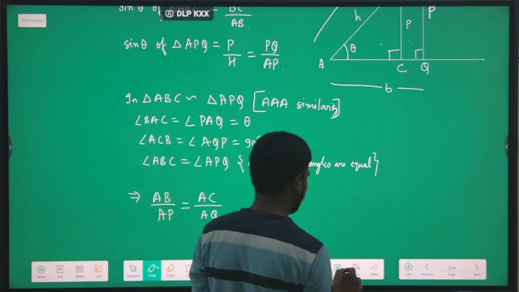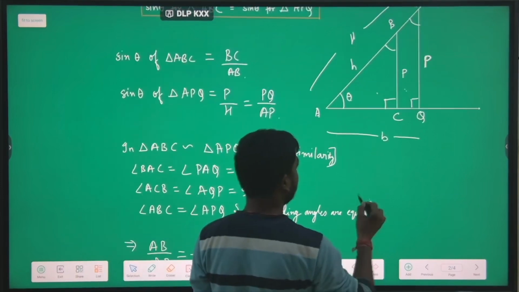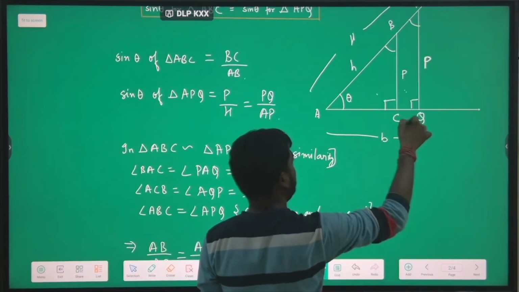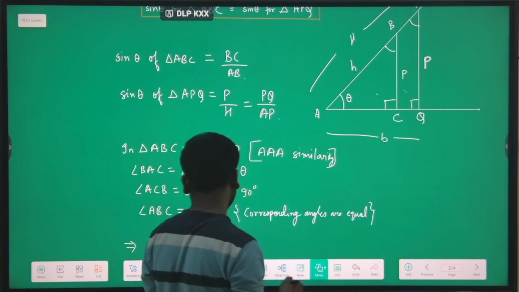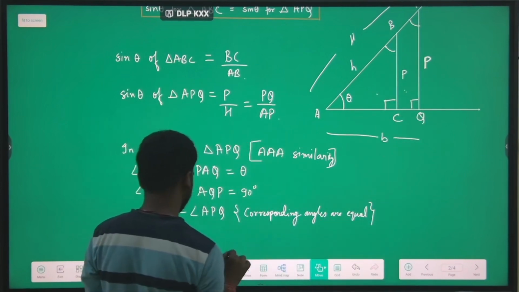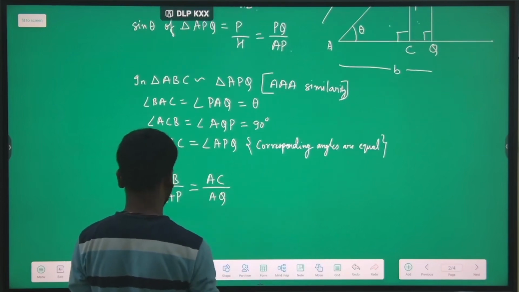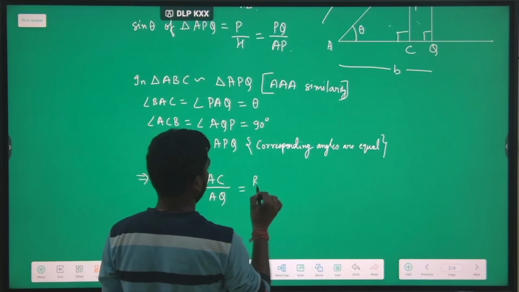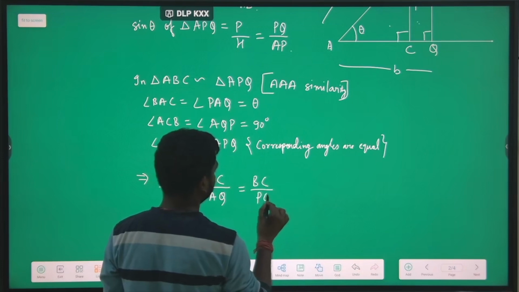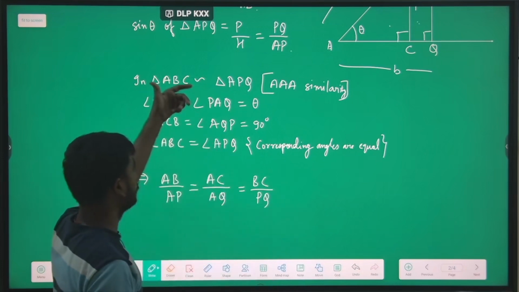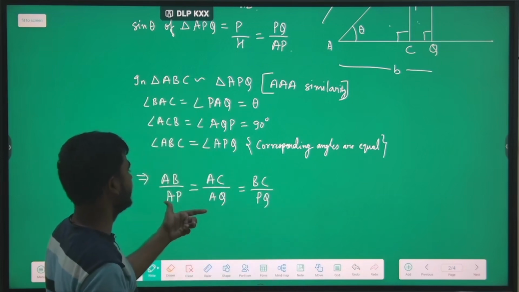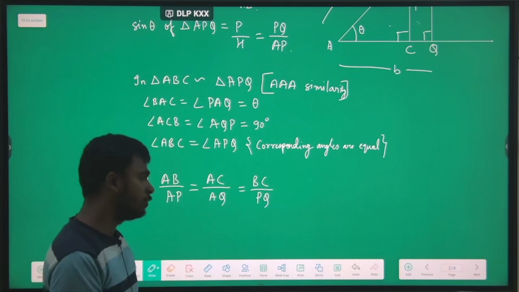Similarly, for the perpendicular unit, it will be the length of BC upon PQ. So, by showing this similarity, we can say that these three will be equal.